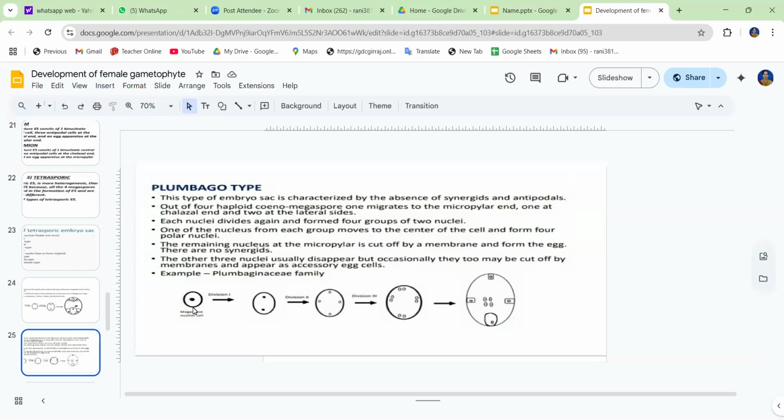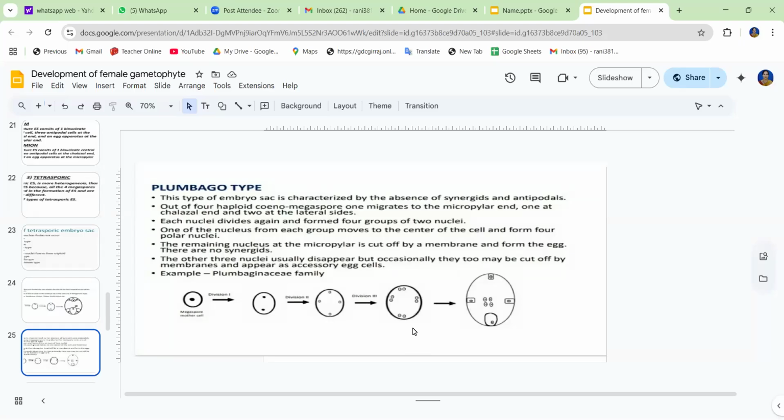Here the 4 megaspore nuclei arrange crosswise and divide once to form 8 nuclei in 4 pairs. You can observe here, 1 will divide to form 2, 2 will divide to 4. So they are arranged in 4 places of the embryo sac: micropylar, chalazal, and 2 adjacent or peripheral portions. So 8 nuclei are formed as pairs in the 4 places.